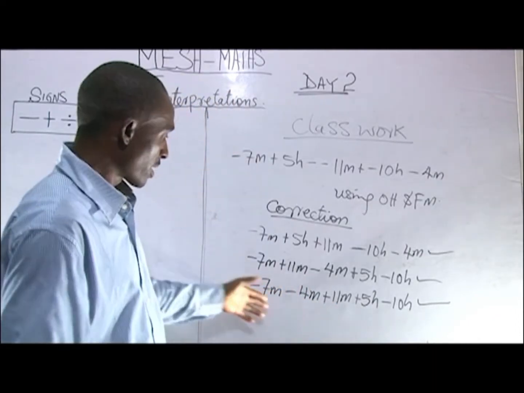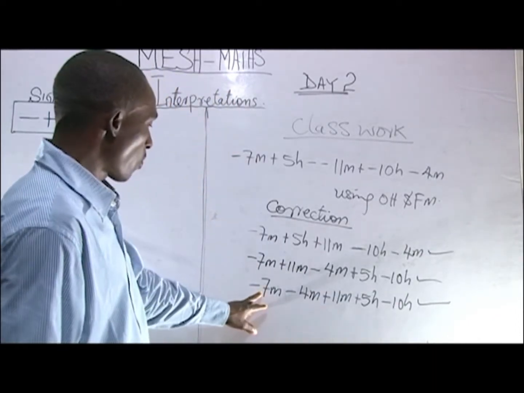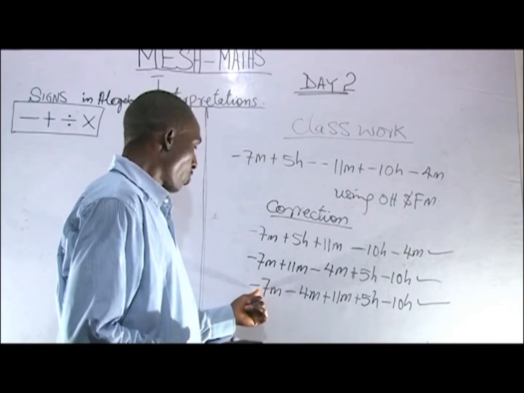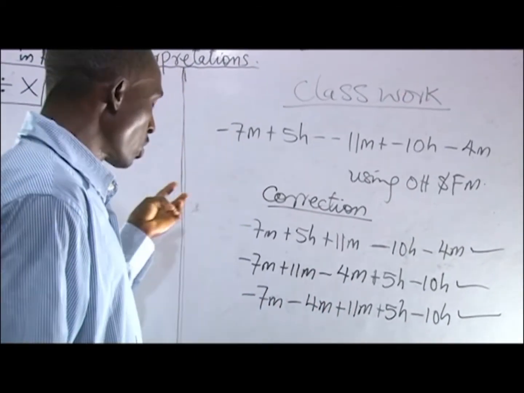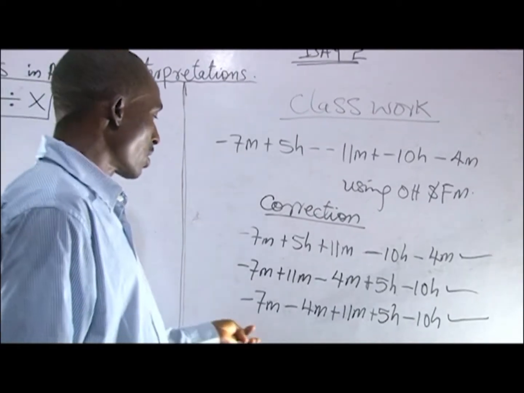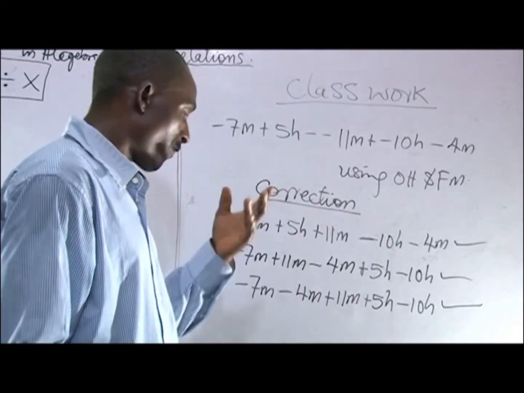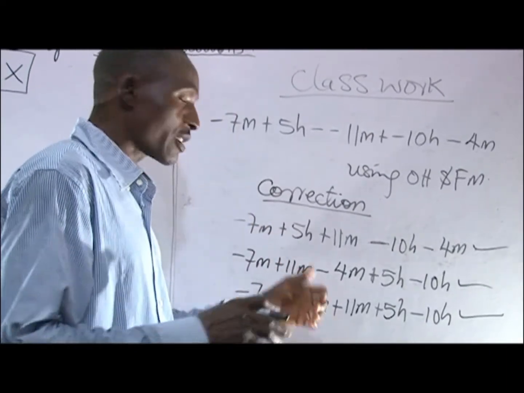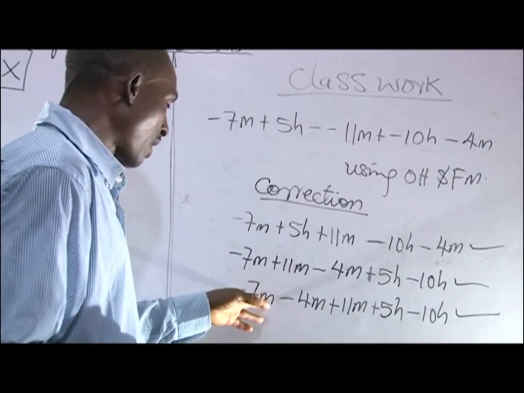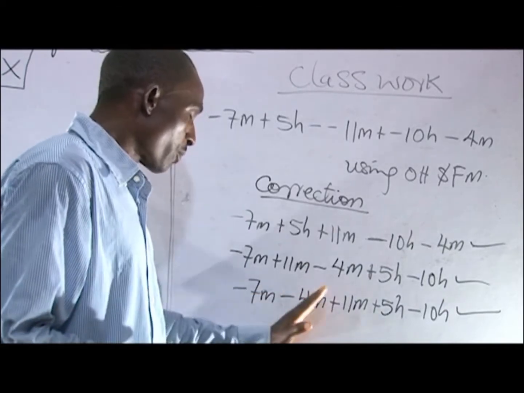Alright, so you can see. So then when we come to this m now, owing 7m, owing 4m, you owe the other person 7 and owe another person 4. So all you need to do, when you put them together, you put whatever thing you are owing. If it's disturbing you, put them on one side.